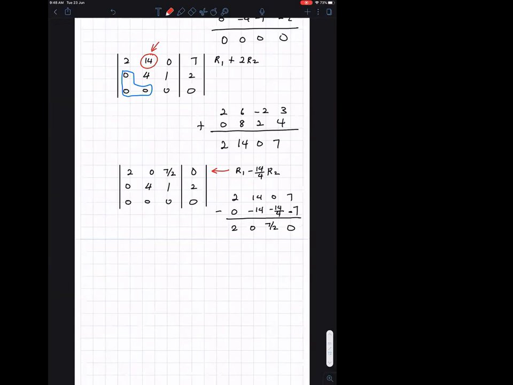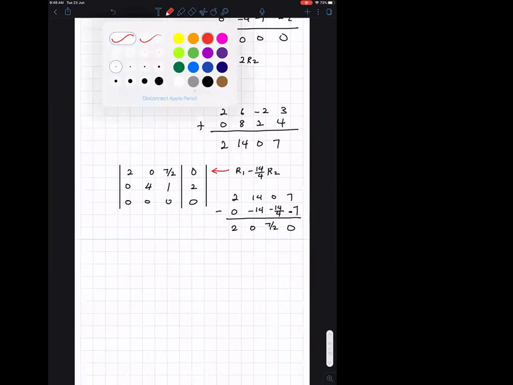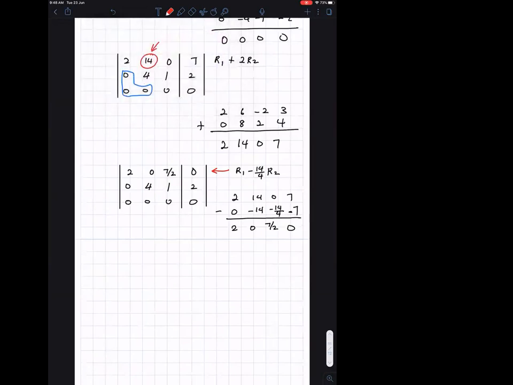Once you're sure that you cannot make this go to 0, because when you make one go to 0 the other becomes non-zero, then you stop. Now you try to make these become 1. But this one cannot become 1 because it's already 0.